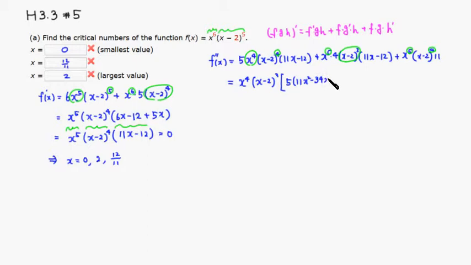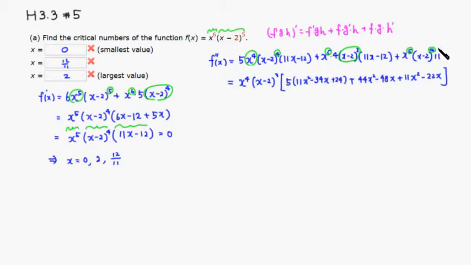Sorry about that, I'm slow. And negative 2 times negative 12 is plus 24. So we have that. And here we have 4x times that, so it's going to be 44x squared and minus 48x. And here plus 11x squared minus 22x. So we have that.